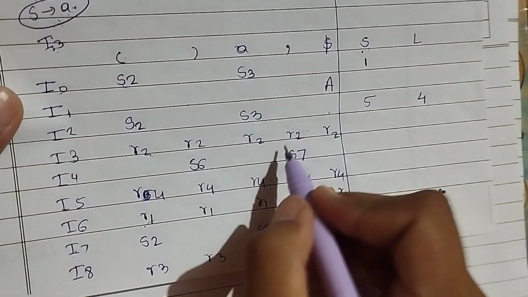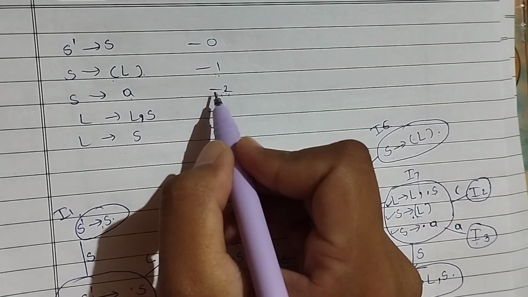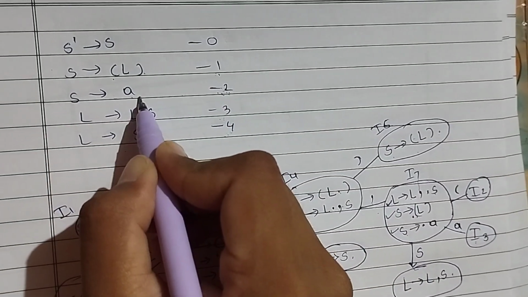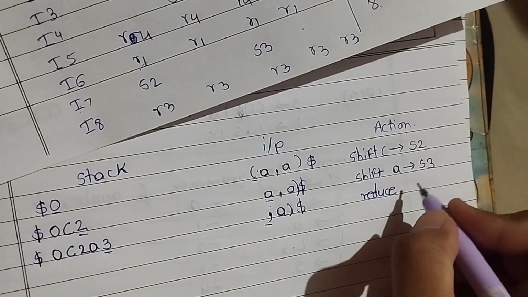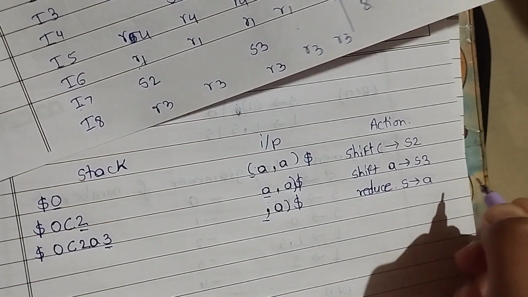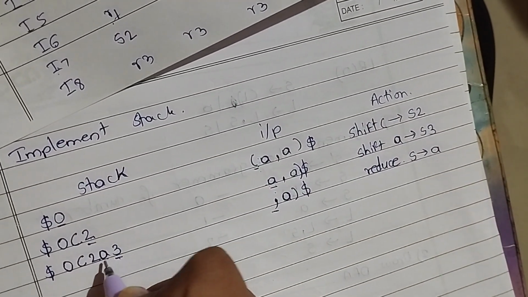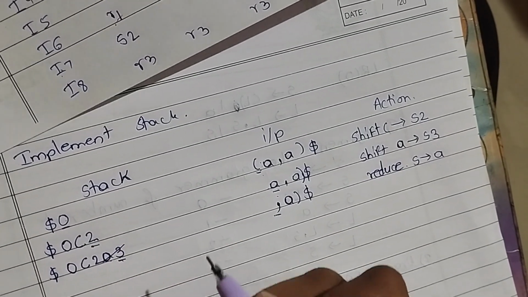What reduce? R2 means grammar number 2. So in our grammar, for number 2, S reads A is present. So reduce S reads A. Now we reduce this A with S. So we cancel this A and 3.